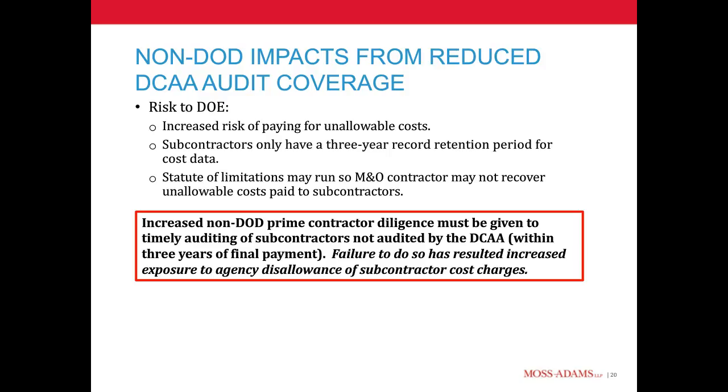And so there was even more pressing need to do more work on these audits that wasn't done either by DCAA or the contractors. And once again, we see the burden falling on the non-DoD prime contractor of timely auditing the subcontractors, especially within the 3 years of final payment. Otherwise, there may be a problem with disallowance of the subcontractor costs.